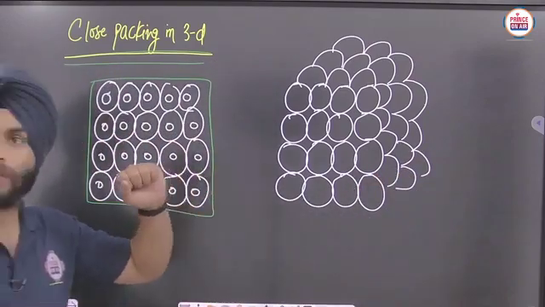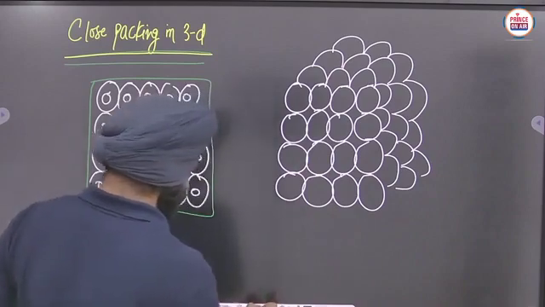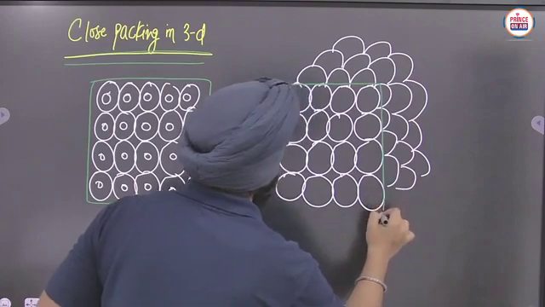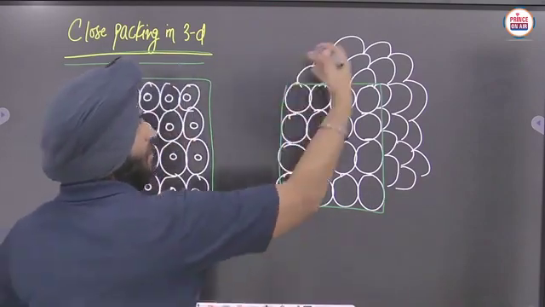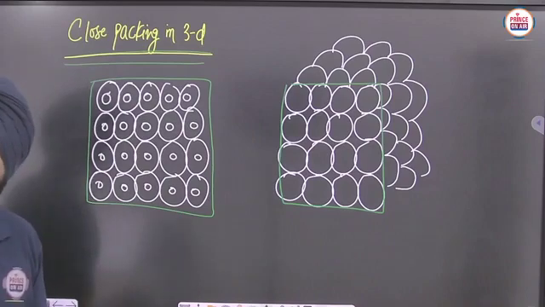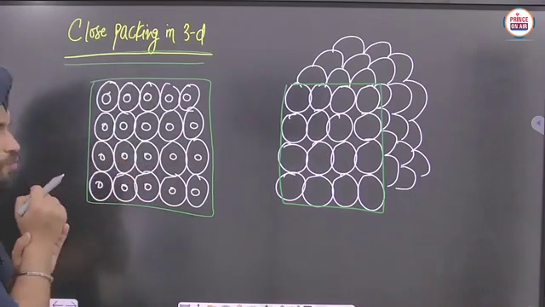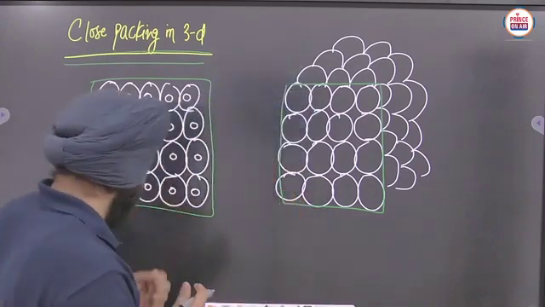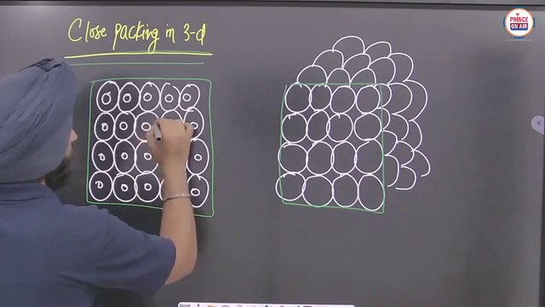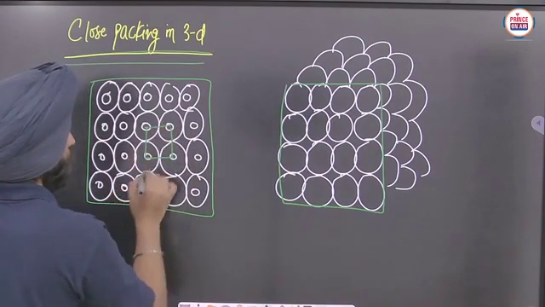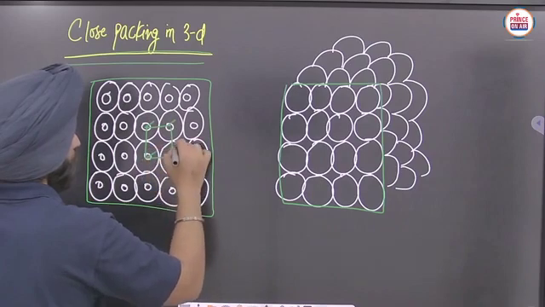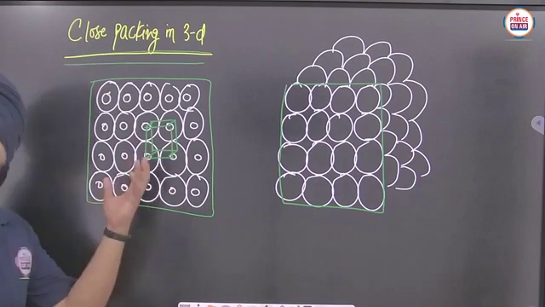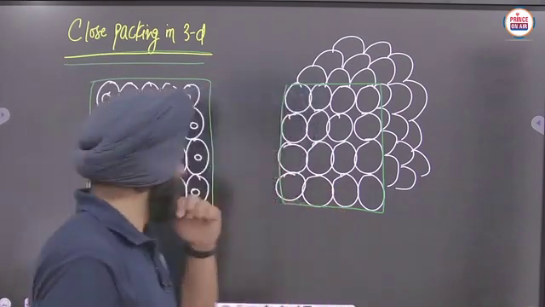Clear? This one is the first layer, and these are the back layers. Here in this case you will see the particles are in a cubic form. So it will form a cubic form.